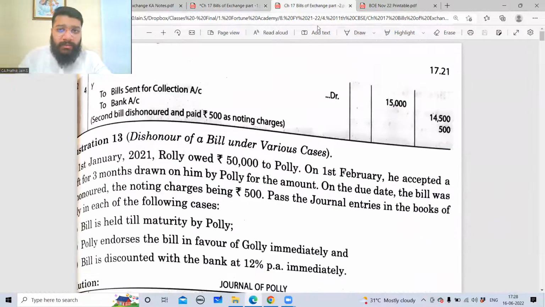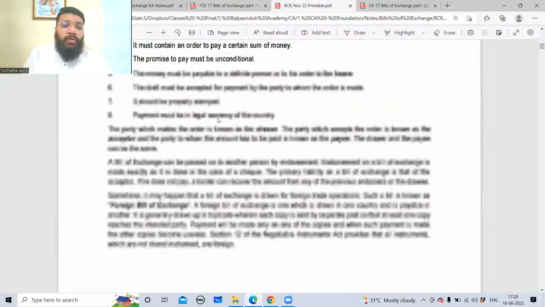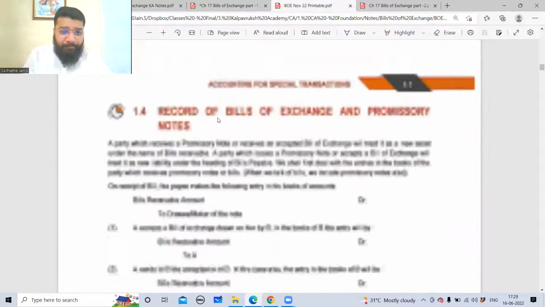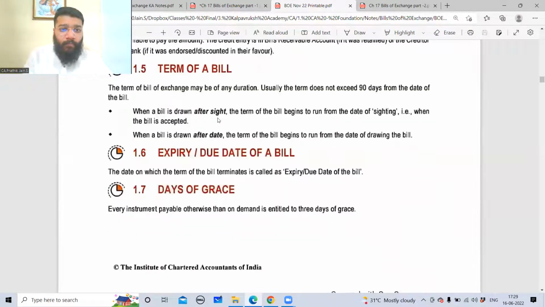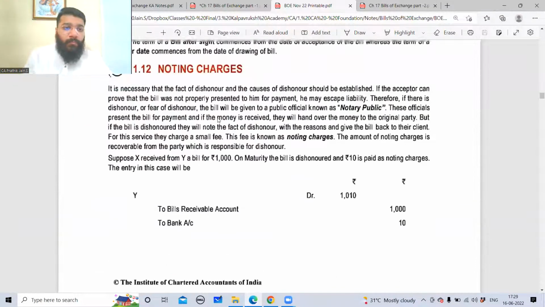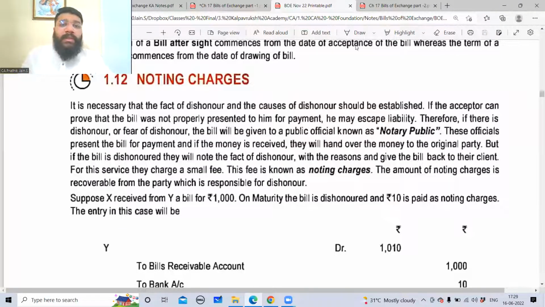Now, what is noting charges? There's a beautiful explanation that has been given in your ICA material, so I would read that. Noting charges. It is necessary that the fact of dishonor, the reason for dishonor, and the causes of dishonor should be established.